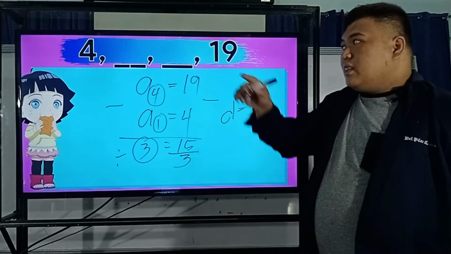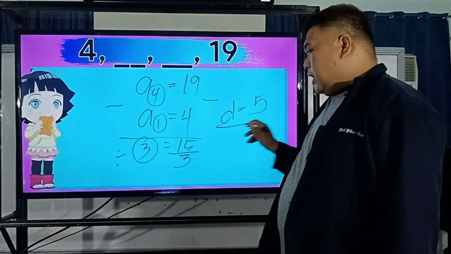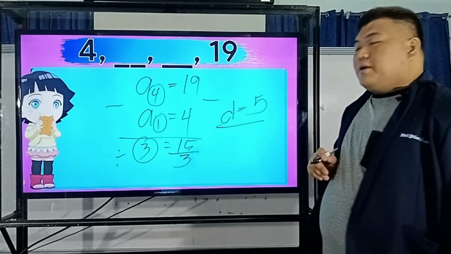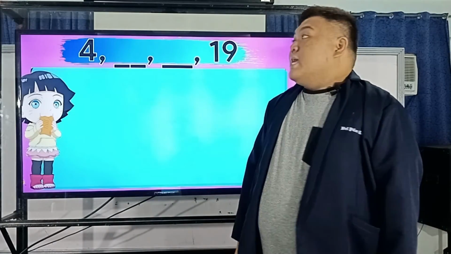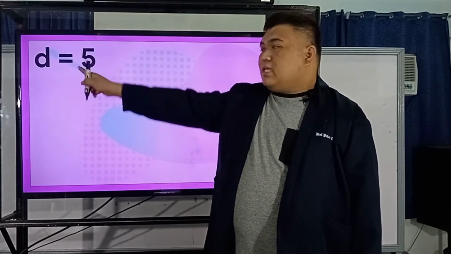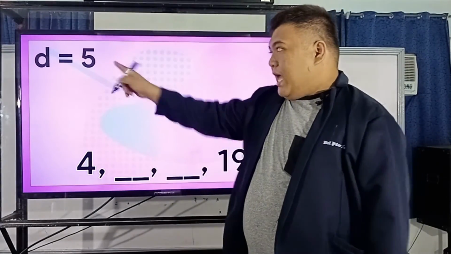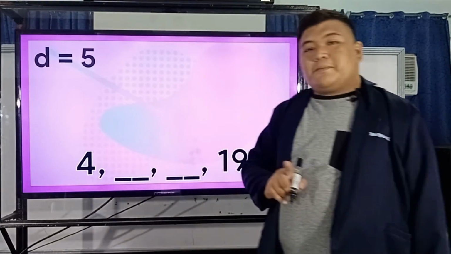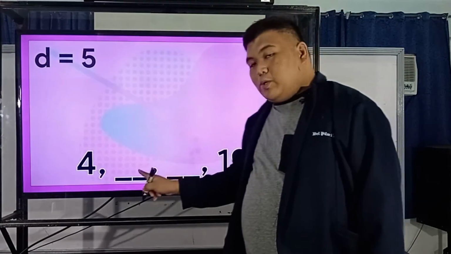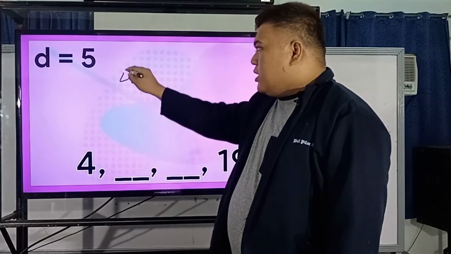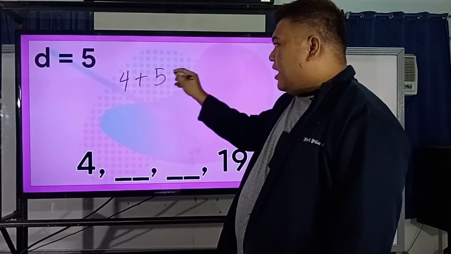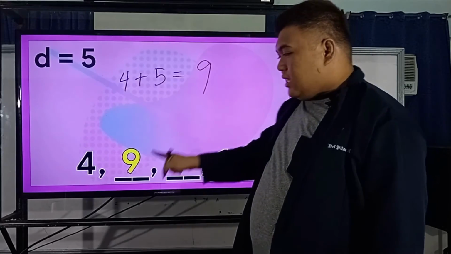So therefore, in this sequence, the common difference is 5. Since the common difference is 5, we will just add 5 to the first term of the sequence para makuha natin yung pang second term. So we will have 4 plus 5 is equal to 9.